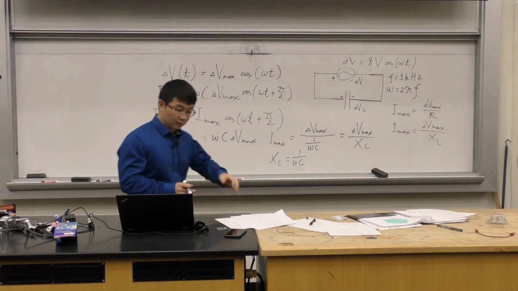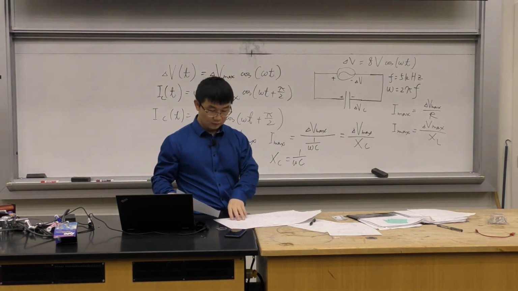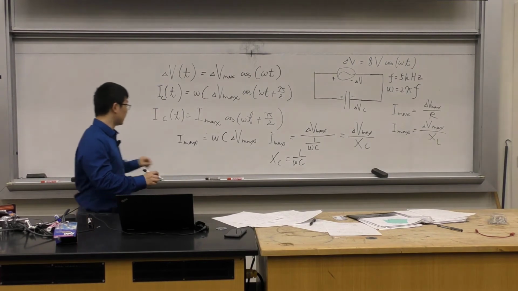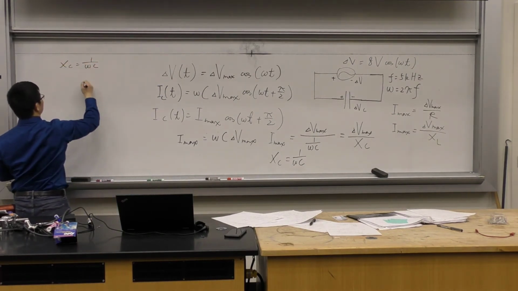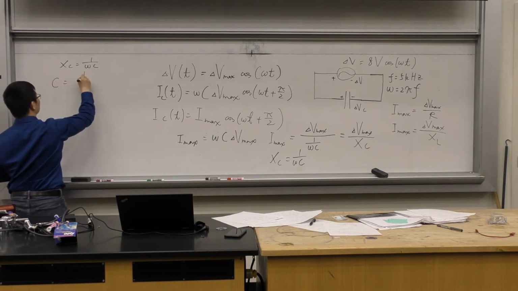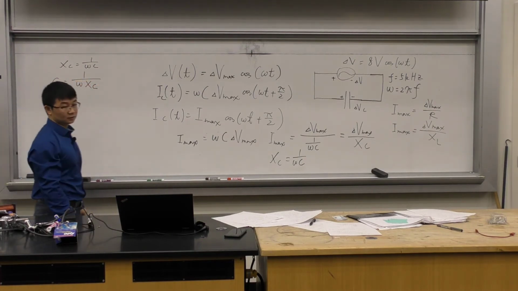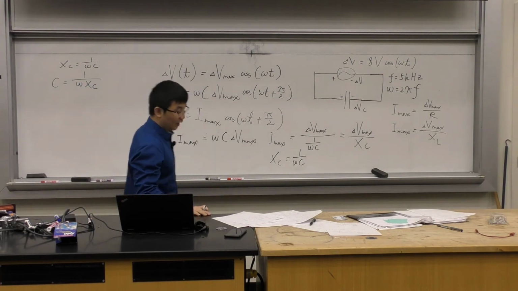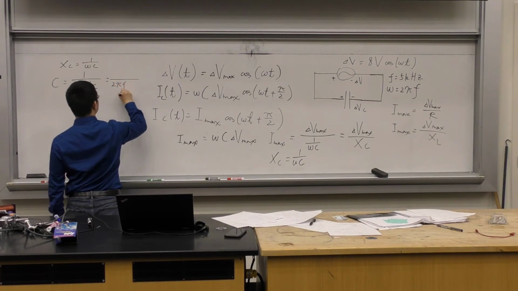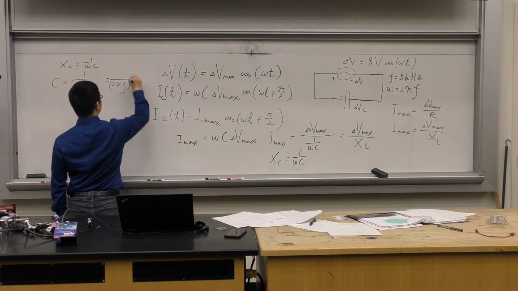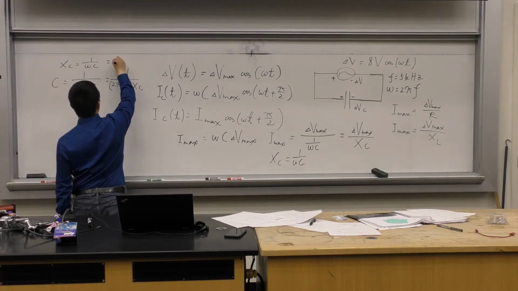All right, so let's see. First of all, I'm going to rearrange that equation. XC equals 1 over omega C. You rearrange this equation, you get C equals 1 over omega times XC, and omega is 2 pi f, times XC. The problem already tells you XC equals 25 ohms.